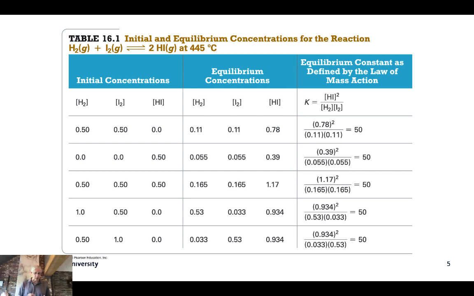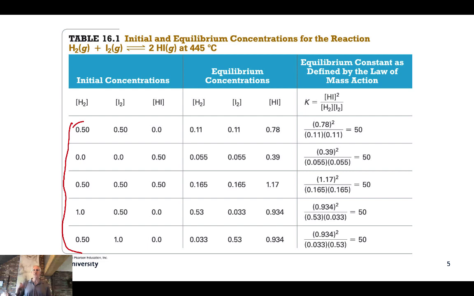What we've done is we've taken 5 different experiments here, starting with different initial concentrations. So here we start with 0.5 and 0.5 and no product. Here we start with no reactant and only product. Here we start with equal amounts of reactant and product, double amount of reactant, 1 reactant and no product, and vice versa.